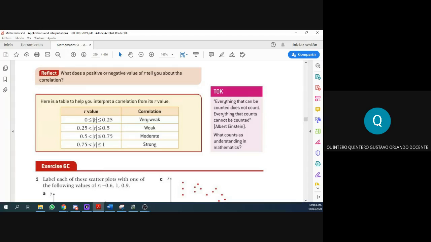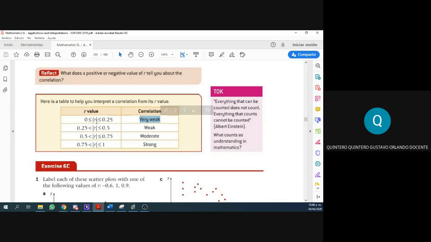So for example, let's look at this R. Let's just look at the absolute value of R. So for now, ignore if the value is negative or positive. Ignore it, all right? Just by looking at the absolute value of R, we can see the strength of the correlation.